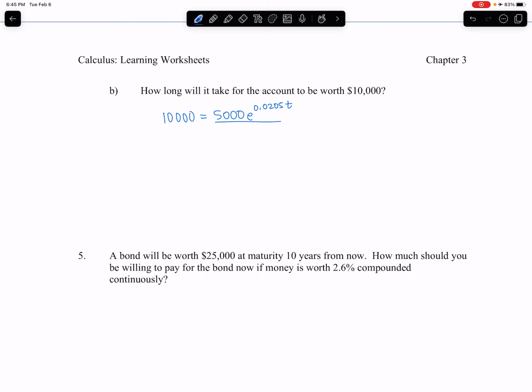Let's divide by 5,000. So we have 2 = e^(0.0205t). Basically, we're looking at when it is going to double. What's the doubling time? Since we have a base of e, we'll take the natural log of both sides.